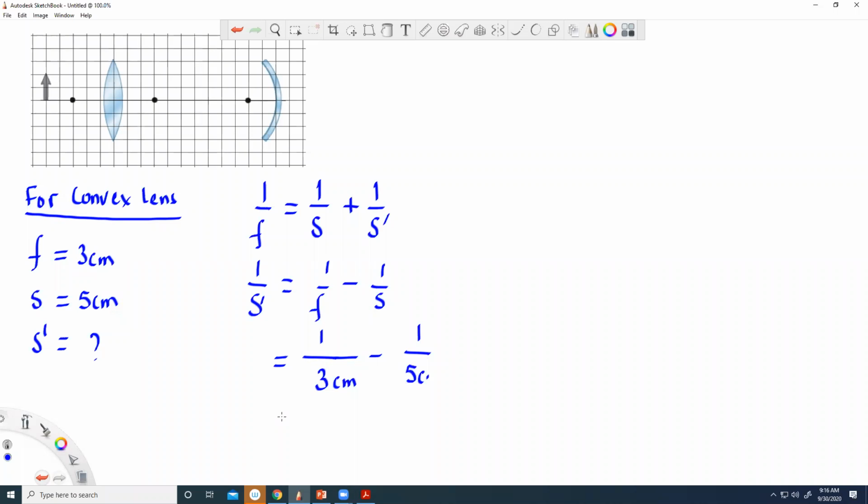Okay, you can use a calculator, but I will do this math here. So the least common denominator here would be 15. To get 15, you need to multiply 3 by 5. To get 15, you need to multiply this 5 by 3. So that's 2 over 15. So that gives me S prime is 7.5 centimeters. Okay.